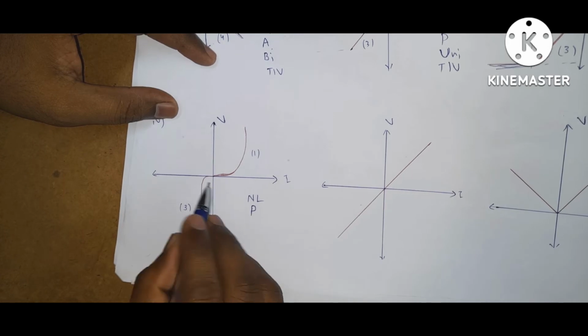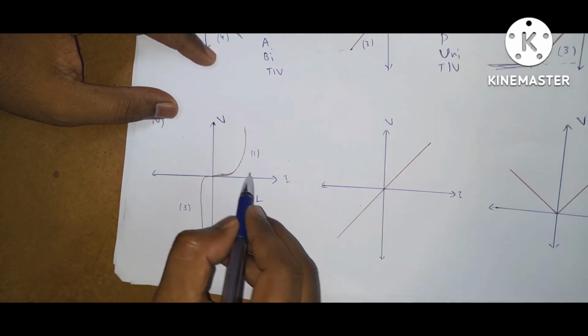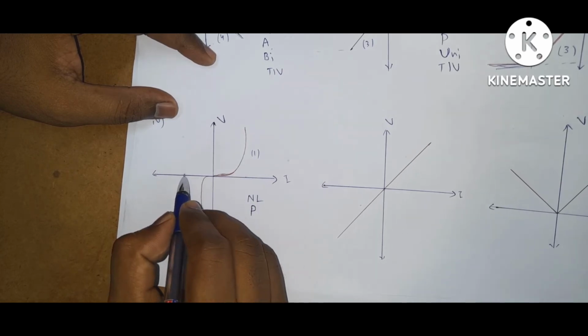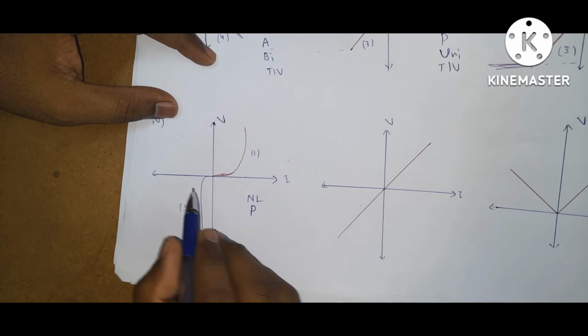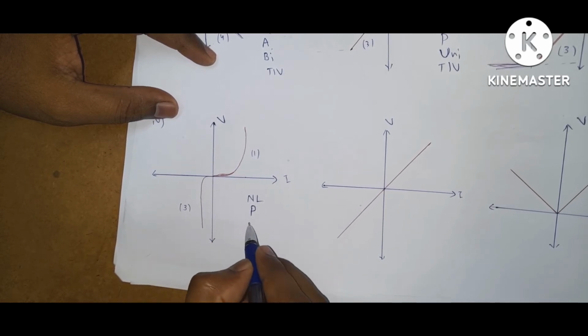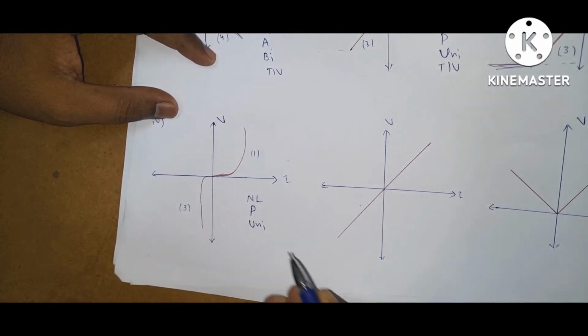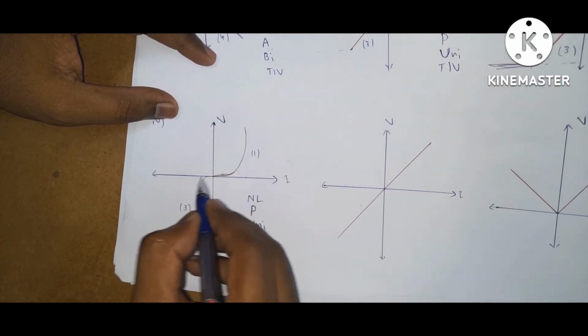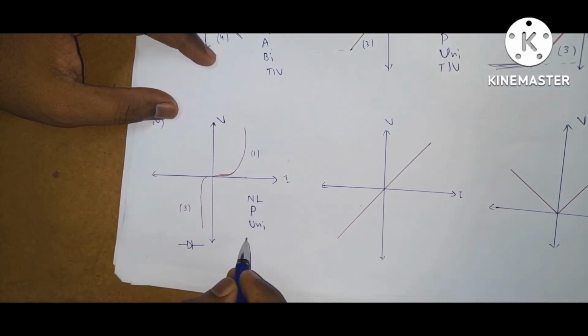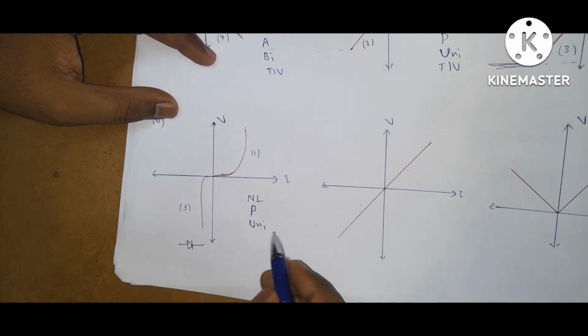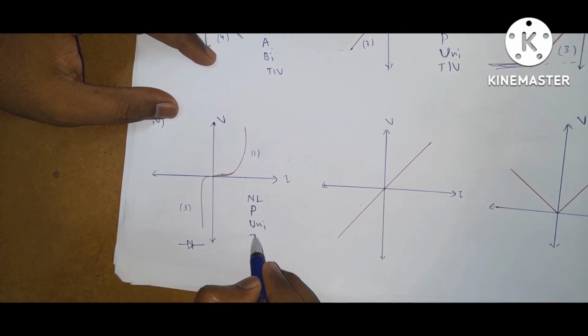For positive and negative values of current we do not get the same impedance if the current direction changes, so it is unilateral. These are diode characteristics, so it is unilateral. Only one characteristic line, so it is time invariant.